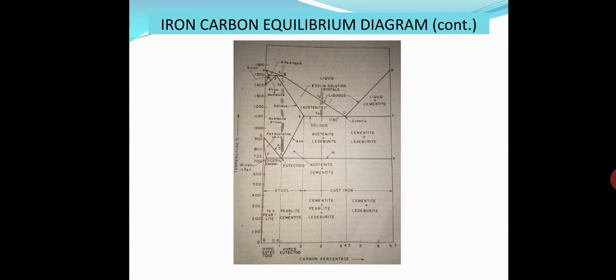And when the percentage of carbon is more than 4.3% up to 6.7%, that is known as hypereutectic cast iron, and there we get cementite and ledeburite as the micro constituents after the secondary phase transformation, that is below 1130 degrees centigrade.